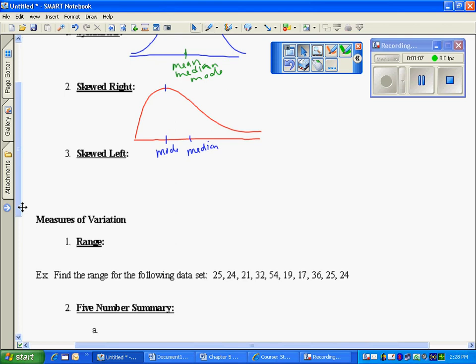But if you take a look at what this tail means, it means I have extreme observations on the right, bigger observations on the right, which is going to take that mean and pull it to the right. So my mean, and this is exaggerated, is going to be pulled to the right because of these extreme values. By pulling it to the right, these extreme values make my mean bigger than it should be, i.e. pulling it to the right.